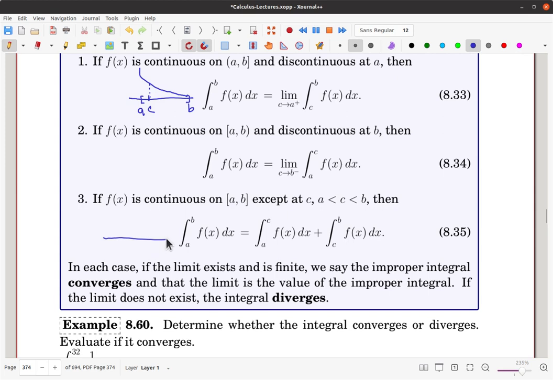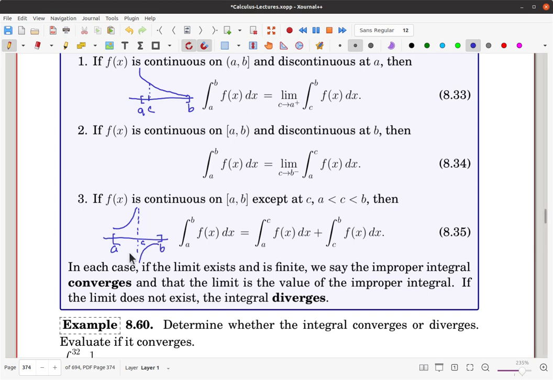Okay. Now, another case is just the function has a discontinuity at a point inside the interval. So for example, here the A to B is given, but at point C here, the function value goes to infinity, and the other side can also go to minus infinity. But anyway, let's make it this way.